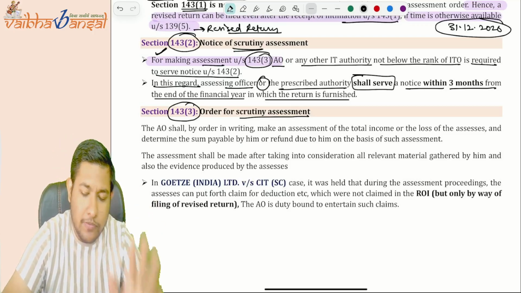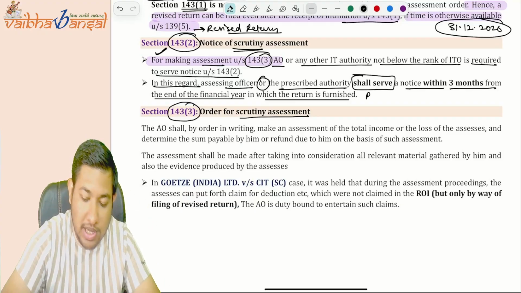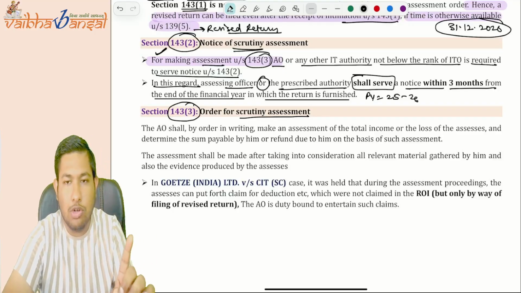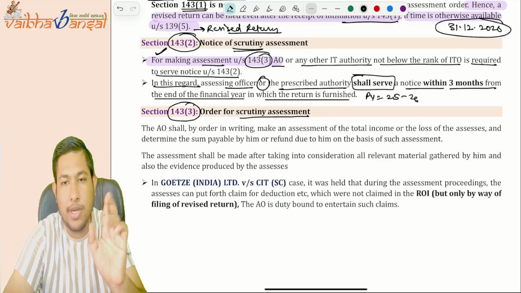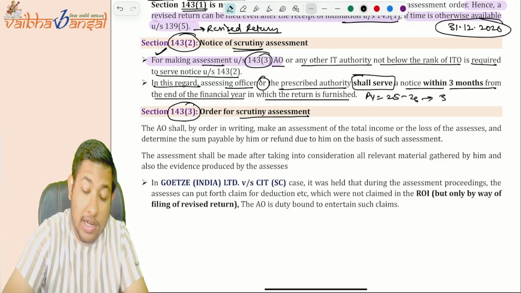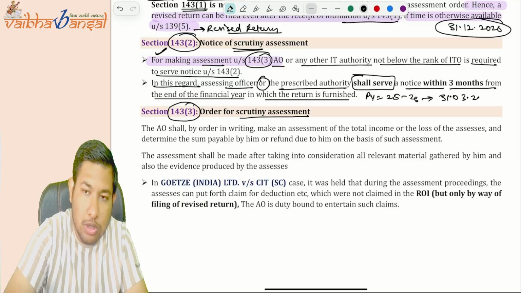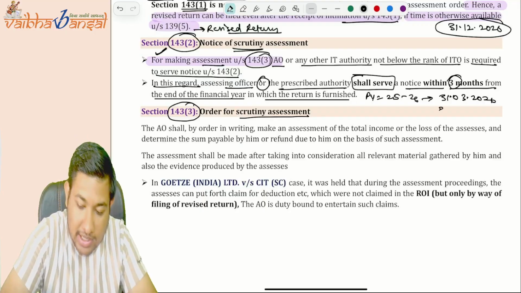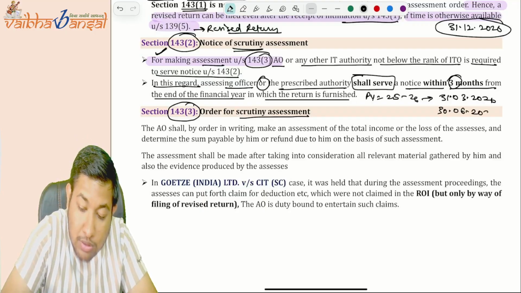See, for the previous year 24-25, the return will be furnished in the assessment year 25-26. That financial year ends on 31st of March 2026. From this, 3 months should be given, that is till 30th of June 2026.